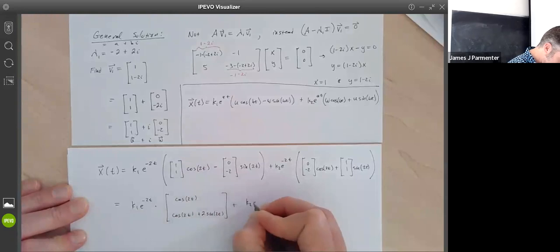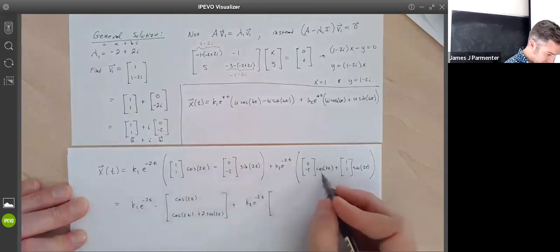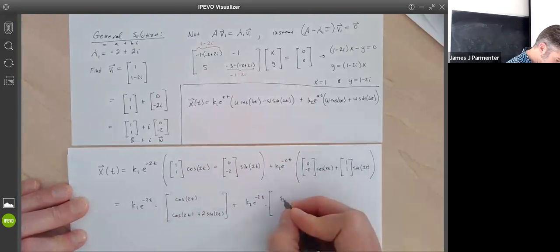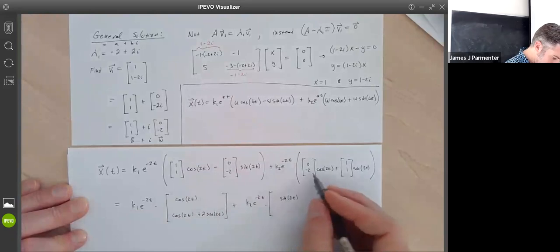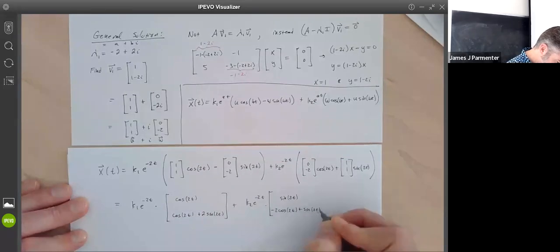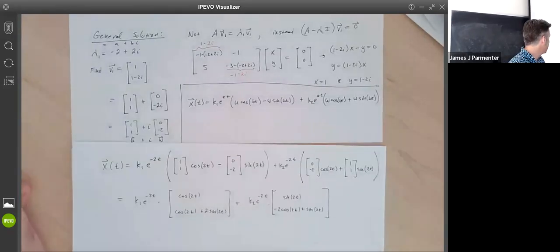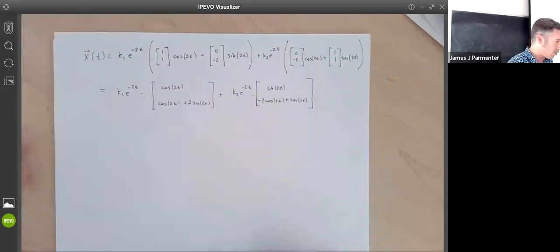Plus K2 e to the -2t times 0 times cosine of 2t plus 1 times sine of 2t, and the second component is -2 cosine of 2t plus sine of 2t. And there's your general solution in all of its glory.